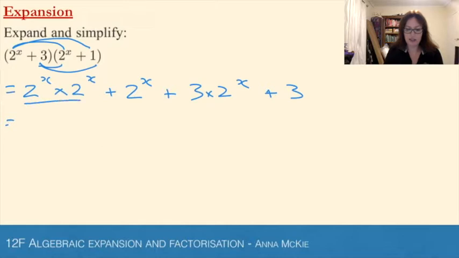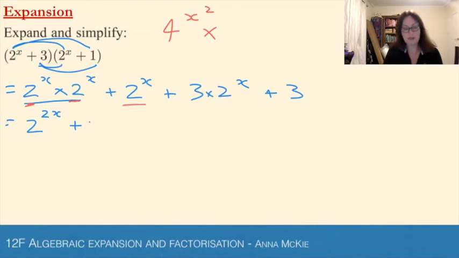This first section here, they are the same base and they're being multiplied together, so we add the powers. We've got x plus x. Please note that it is not 4 to the power of x or anything like that. You do not multiply the 2 and the 2 together. The next one here is going to stay as 2 to the power of x, but let's also have a look.